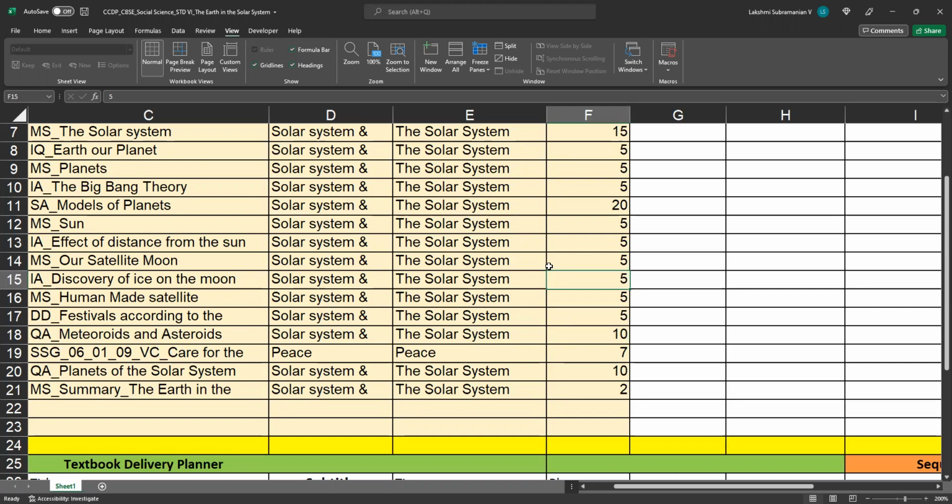You will not be able to cover the chapter, because at the end of the day, your principal will continue to ask you, have you completed the syllabus? If by the end of term 1 you have to complete 6 chapters, you should have completed 6 chapters, and there should be time for revision. There will be tests and things like that.